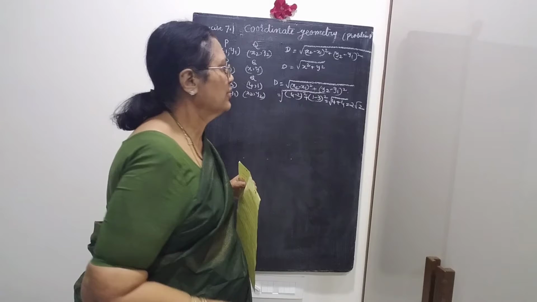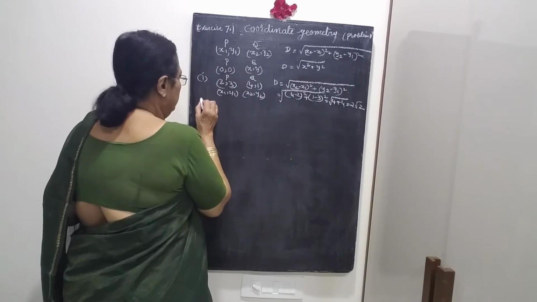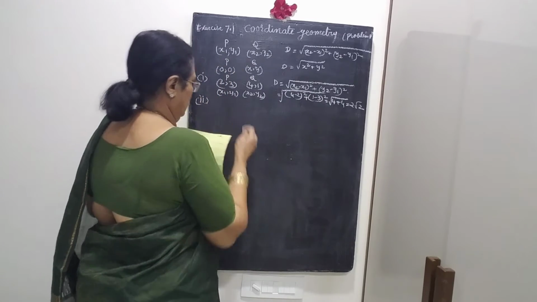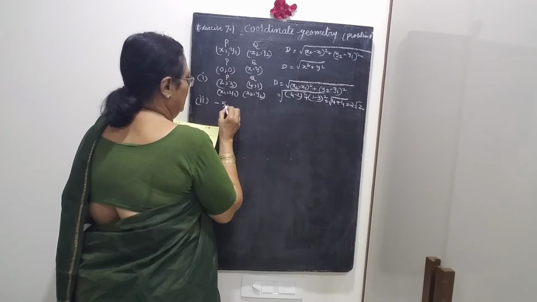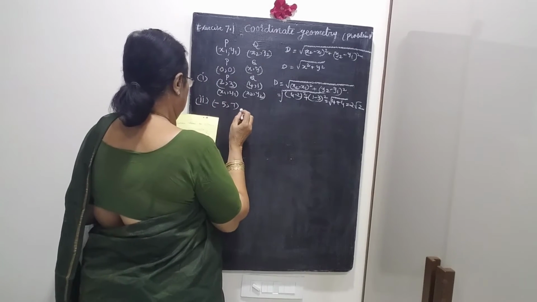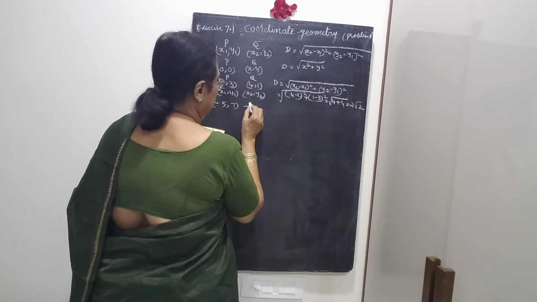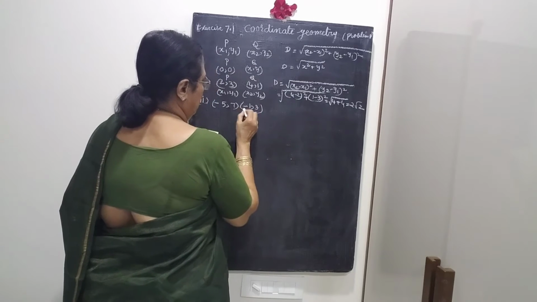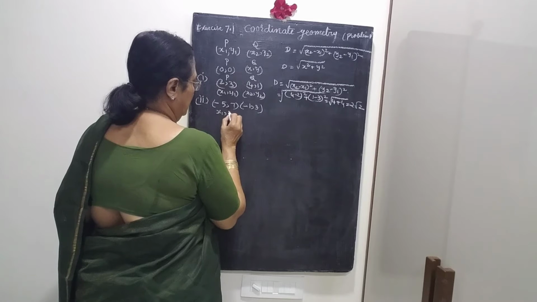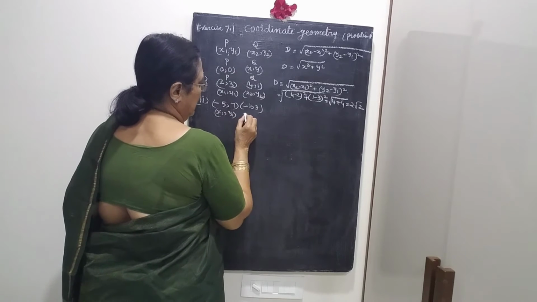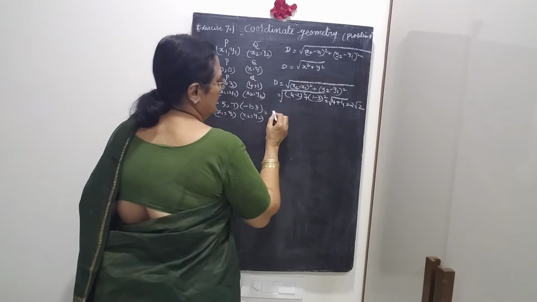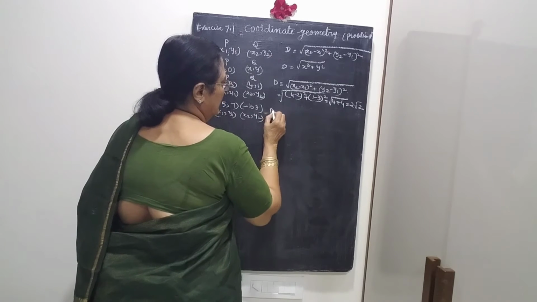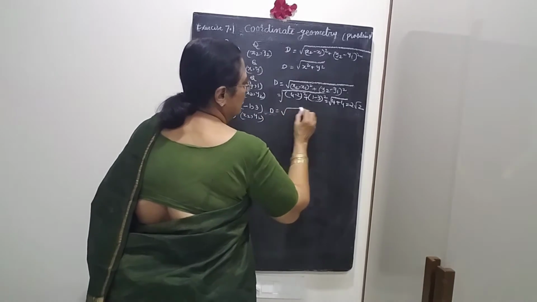So 2 root 2. And the second bit is (minus 5, 7) and (minus 1, 3). These are x1, y1, x2, y2. D is the same formula.